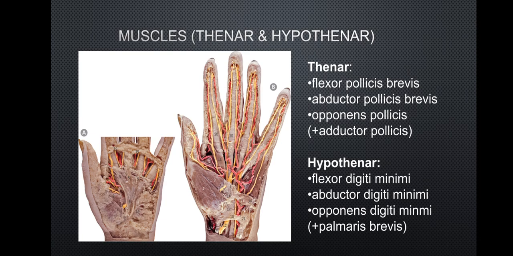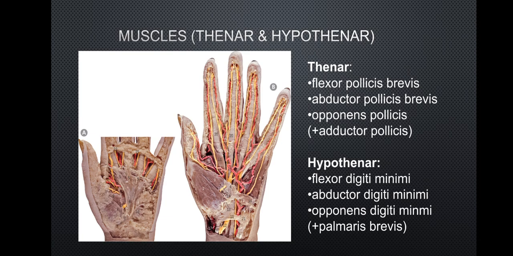It is associated with the flexor retinaculum, and it inserts into the lateral margin of the metacarpal of the thumb, that is the first metacarpal bone. It acts to oppose the thumb by medially rotating and flexing the metacarpal on the trapezium. It is innervated by the median nerve.